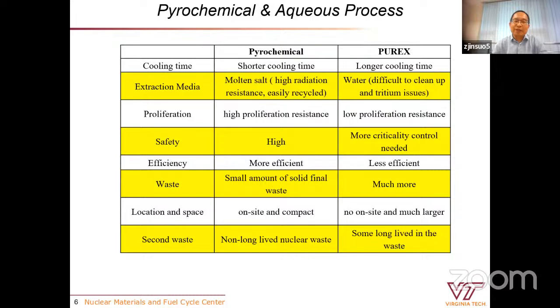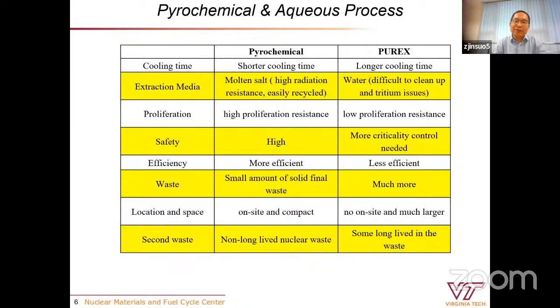When you have your spent fuel from your reactor, if you do not cool down for a while, there are still lots of delayed neutrons, and you also have a lot of fissile materials there. So the moderator may slow down your neutrons and make your system become critical.